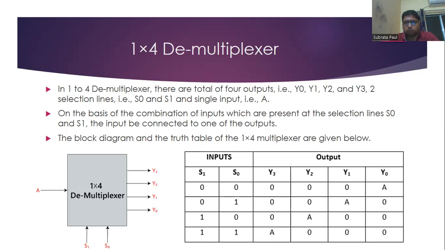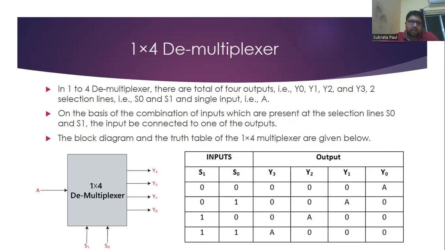Here we have two select lines, and therefore we will have 2 to the power 2, that is four different possible combinations for S1 and S0. In the truth table you can see 0 0, 0 1, 1 0 and 1 1.